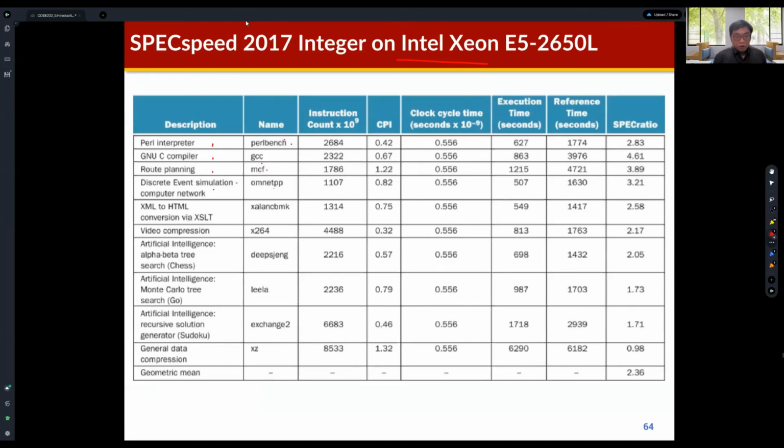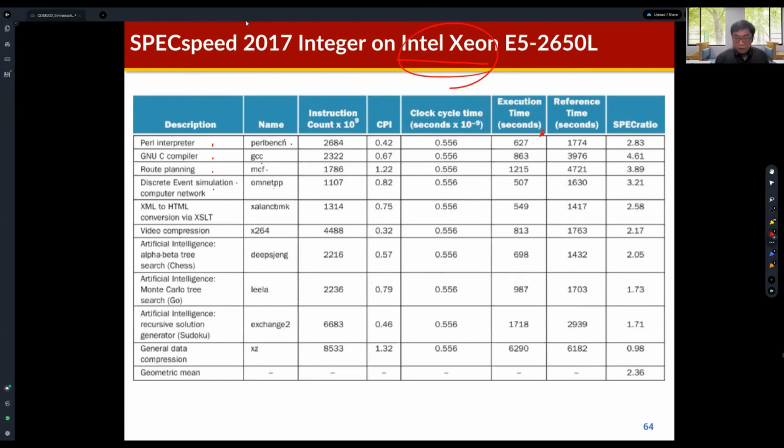Then you can find the instruction counts and the CPI for each benchmark. In order to measure the performance, we need to measure the execution time. Clock cycle time is the same because it's the frequency. And then you can just measure the execution time on this CPU.